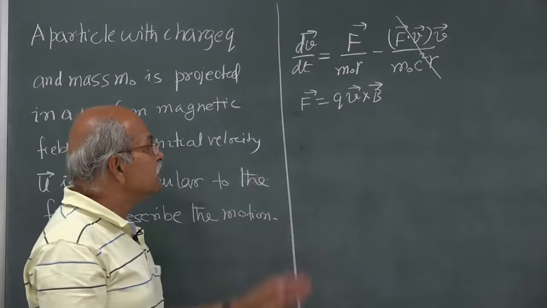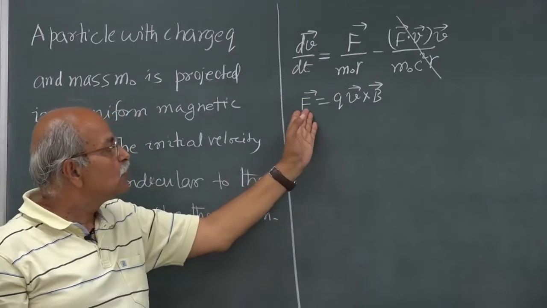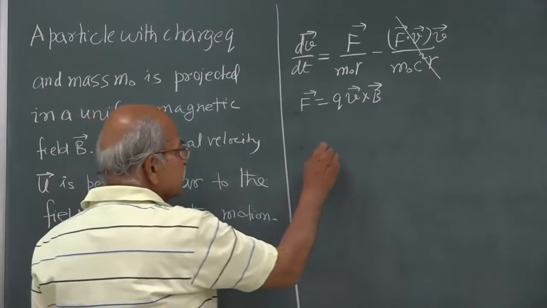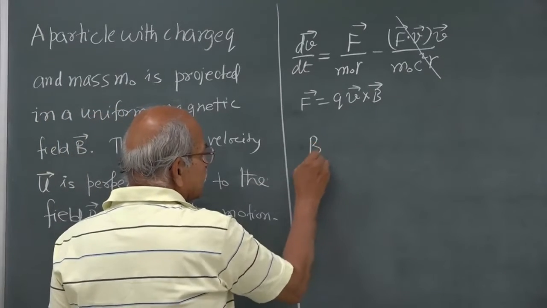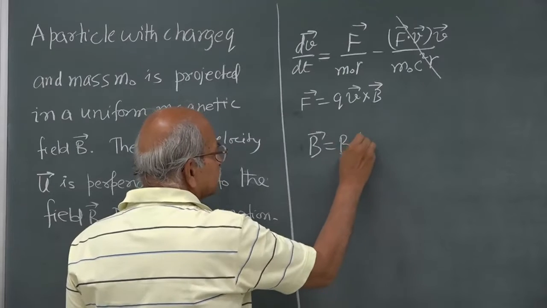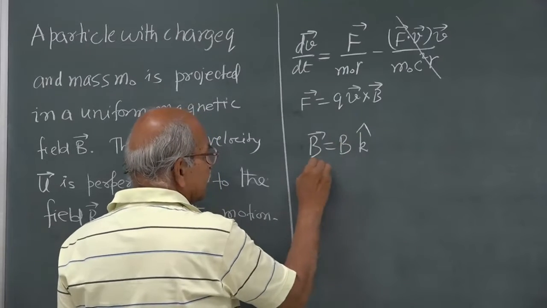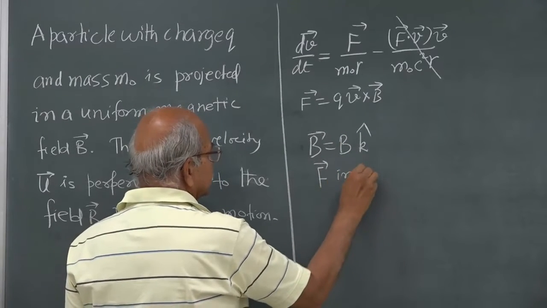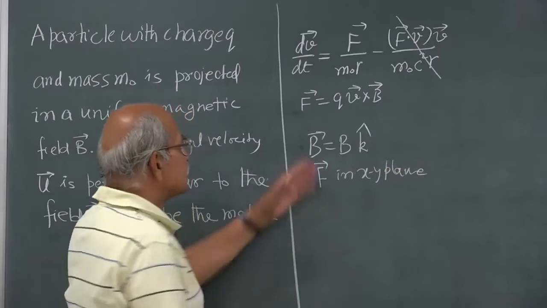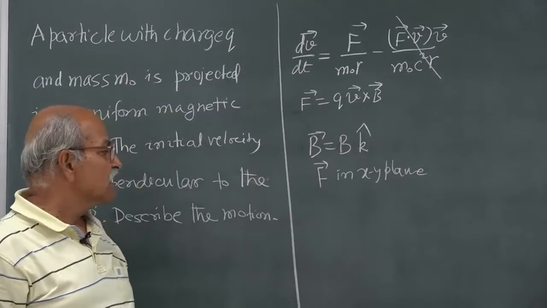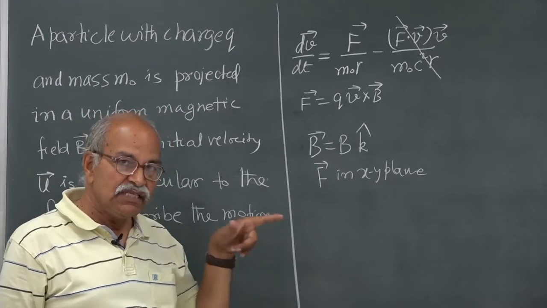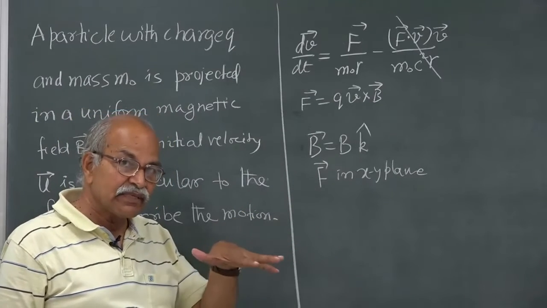And the force is also perpendicular to the field B. Suppose B is in the z direction, then this force has to be in the xy plane, because it is a cross product with B, and the initial velocity is perpendicular to B. So, the initial velocity u is in the xy plane.